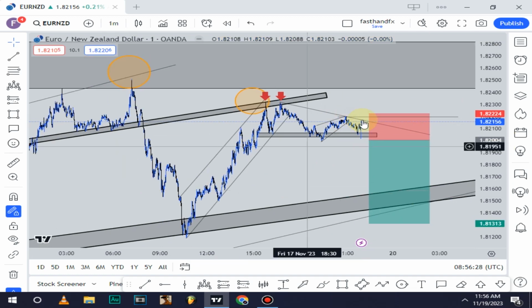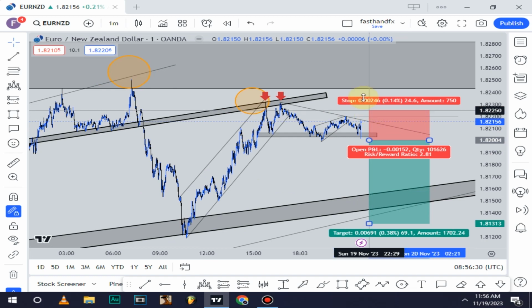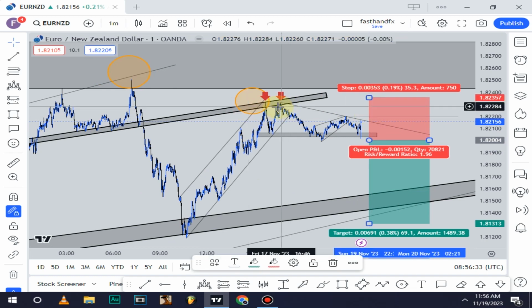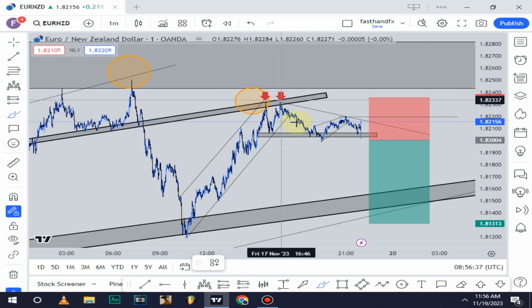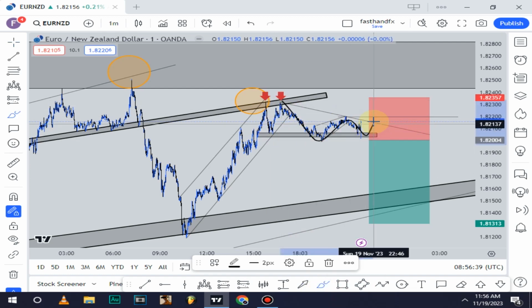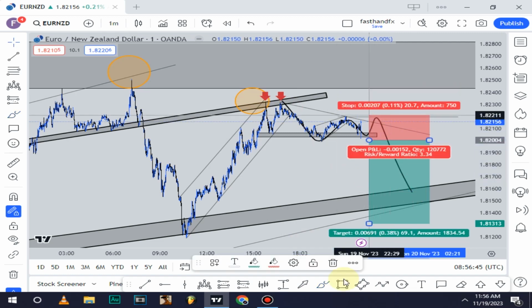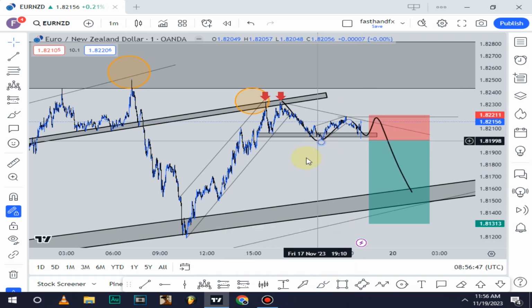But then you might try to be safe, then have your stop loss above the hair right here, to be safe, because the market might be cheeky. Might do this, then fake people out, then take you out. That is if you had your stop loss above here, right? Let me just draw that once again.